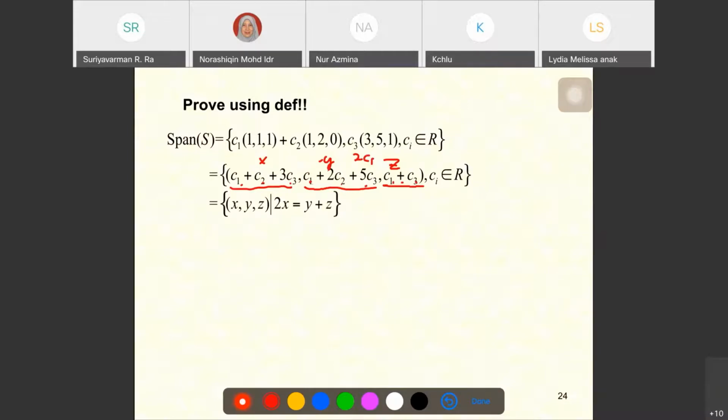Another one, 2C2 plus 0, so we have 2C2. So we have C2 over here. And then 5C3 plus C3, we have 6C3. We have 3C3 here. So if we times 2 here, we have 2C1, 2C2, and 2 times 3C3, 6C3. Okay, doctor. Understood.